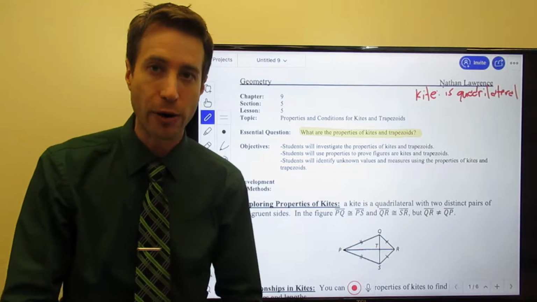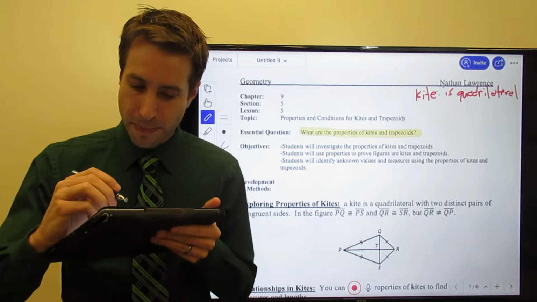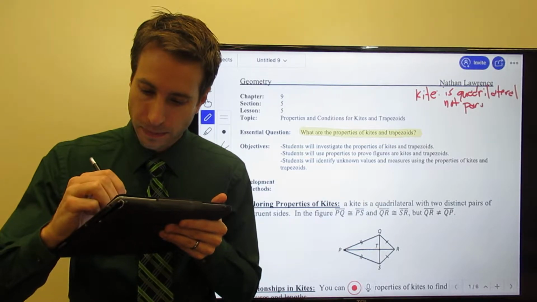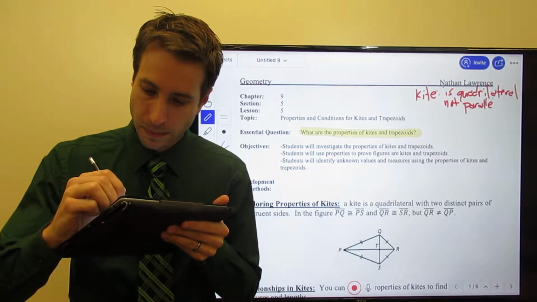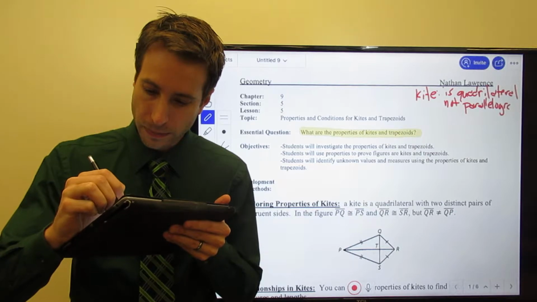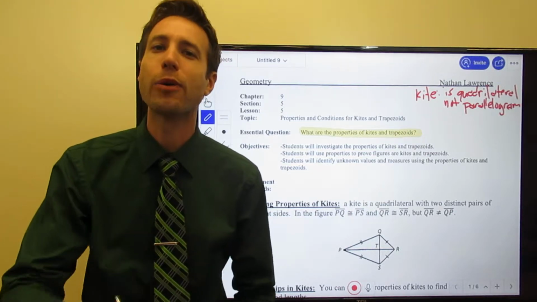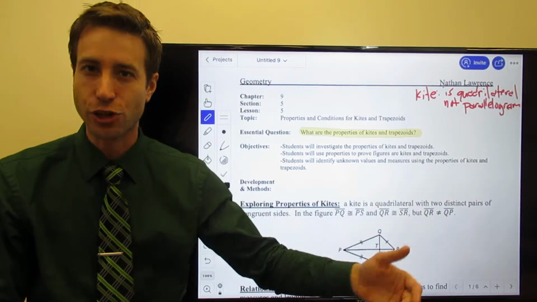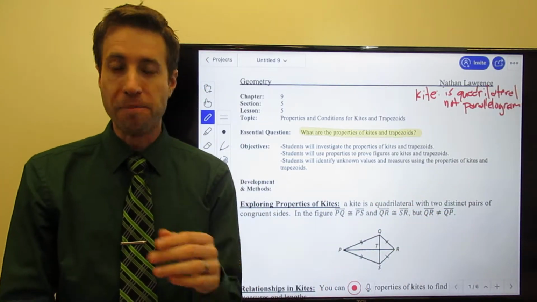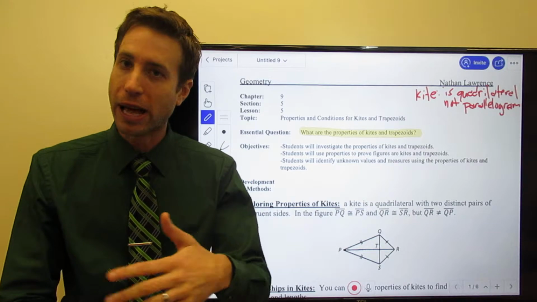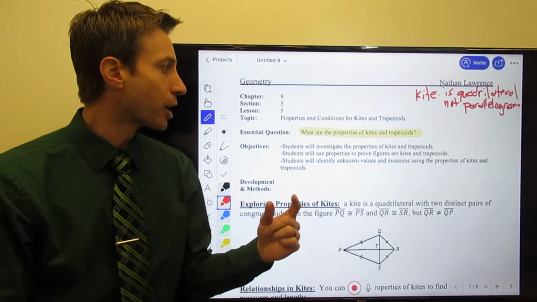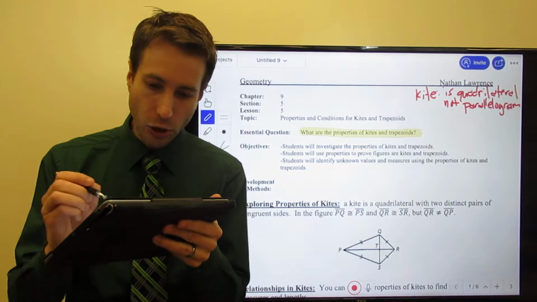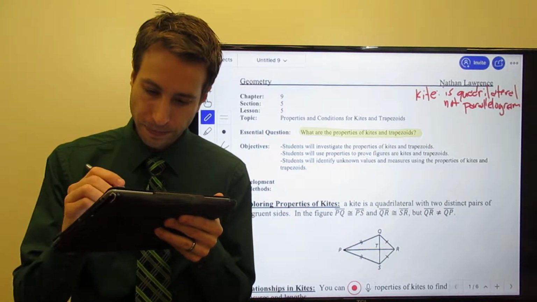It is a quadrilateral, but it is not a parallelogram, which is why we've saved the kite here for the end of this discussion on quadrilaterals. We're going to take a look at the properties of kites, and then we're going to take a look at trapezoids.